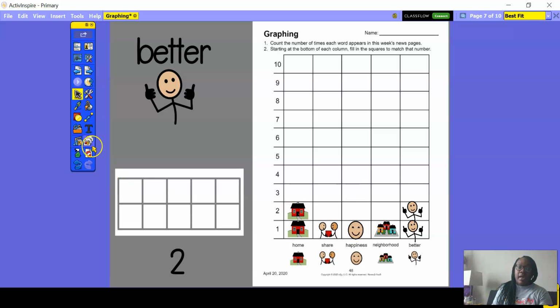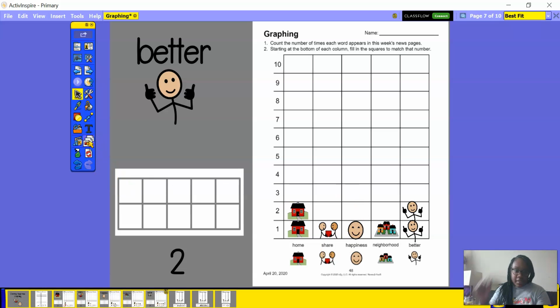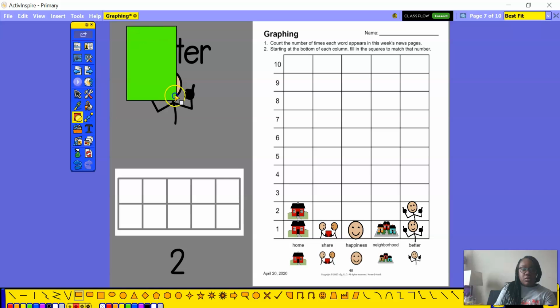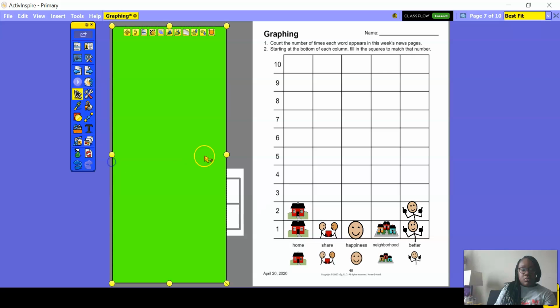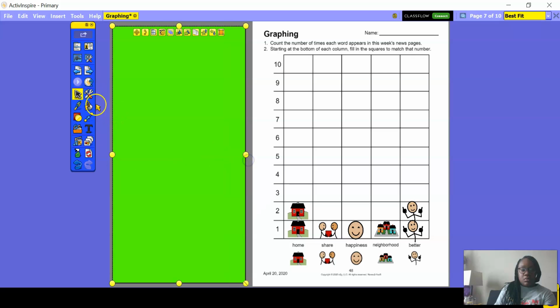All right, so let's look at this graph. So let me cover this up so that it doesn't trick our brains. Make it a different color. All right. So if we look at this graph right here, we know that we have our 5 pictures at the bottom, and these are the words that we were looking for in our story.